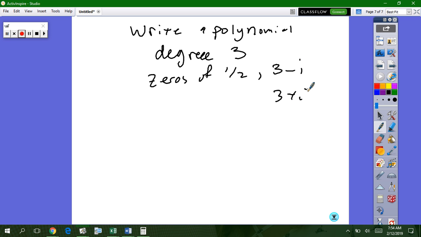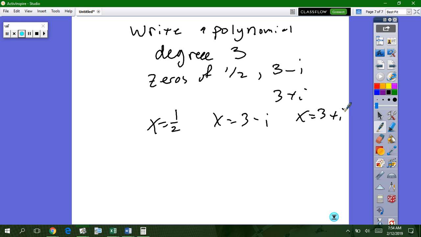Okay, so here's what I'd like to do. Zeros of a half. How do I write that? x equals a half. x equals 3 minus i, and x equals 3 plus i. What you want to do is put this in factored form. When I put this in factored form, we usually don't just write x minus a half.